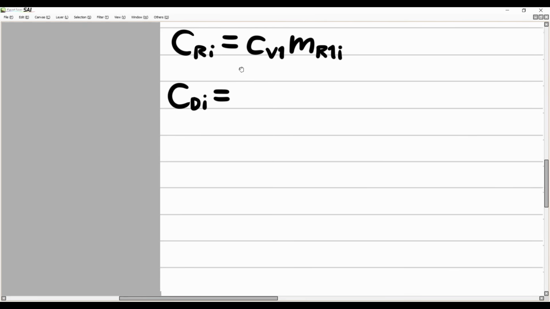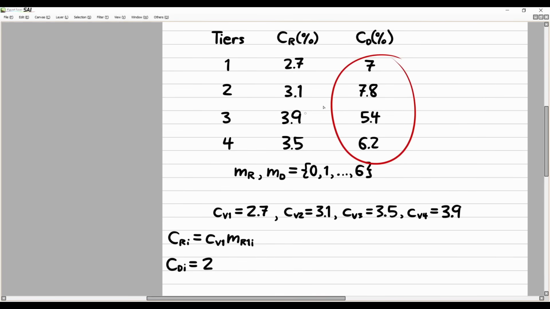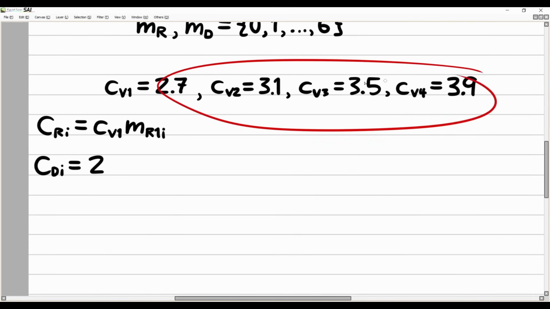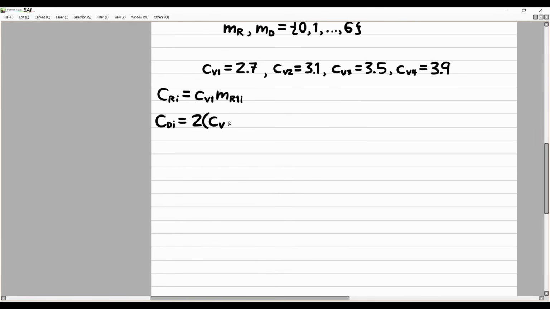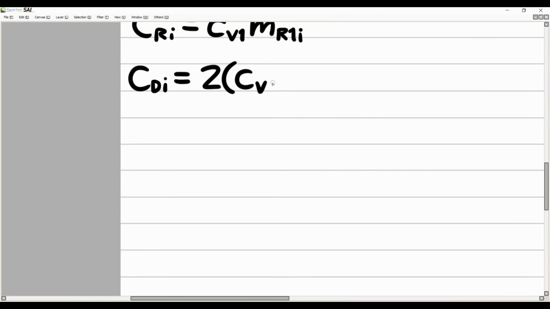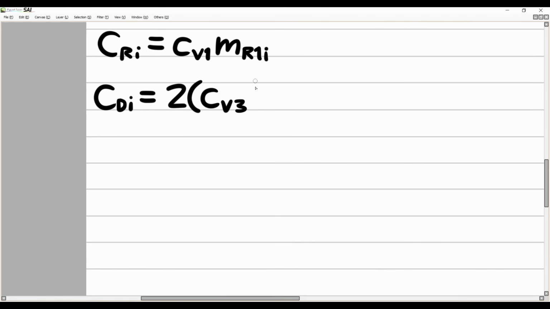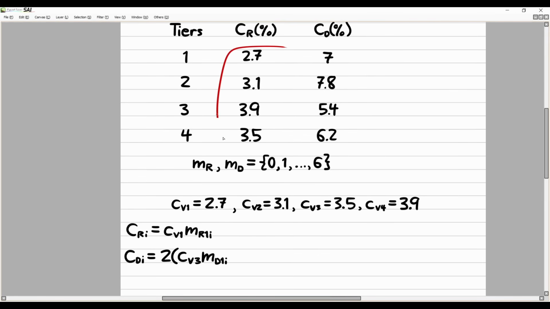We already know that these quantities here are 2 times something, so they are still related to these CV values. Then this is going to be CV 3, which is 3.5. MD1I. And I'm going to do this for the rest of the tiers.